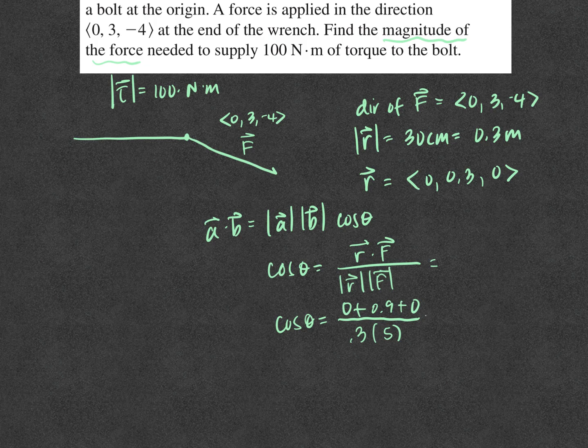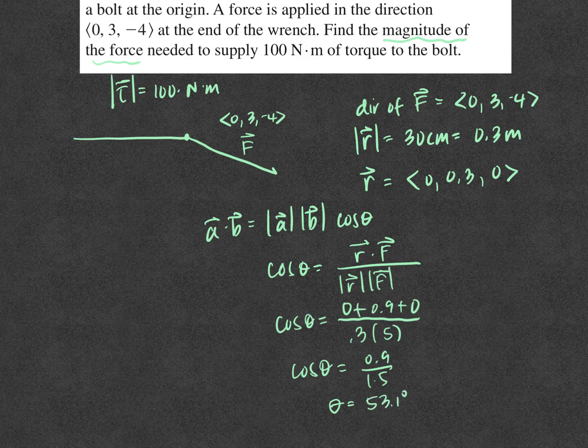The square root of that is 5. So we have cosine of theta equals 0.9 over 1.5. I'm going to use my handy dandy calculator because I do not know that answer. So then theta equals inverse cosine, which gives me 53.1 degrees.